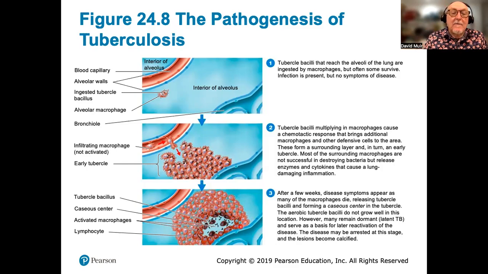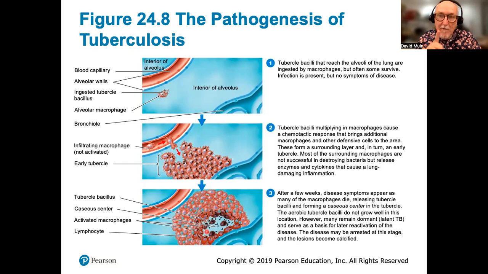And the inside is kind of dead cells, which the bacteria love, and they feed off the debris and everything from the dead cells. And the other cells of the immune system crowding around now begin to form this protective shell called the tubercle.